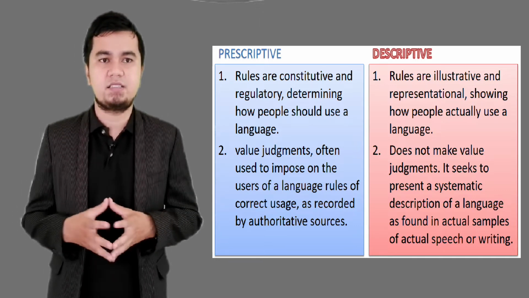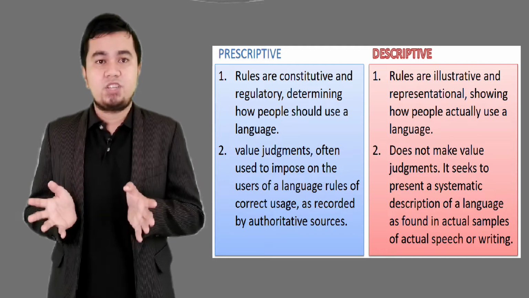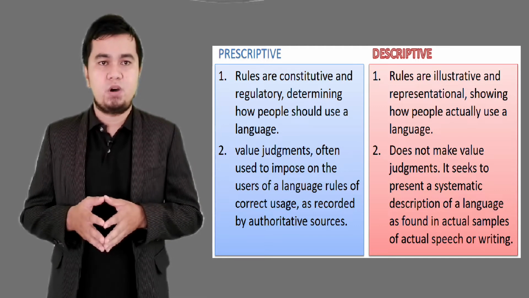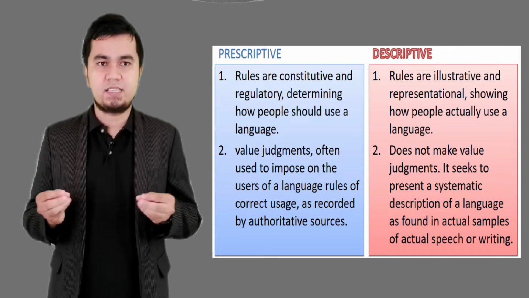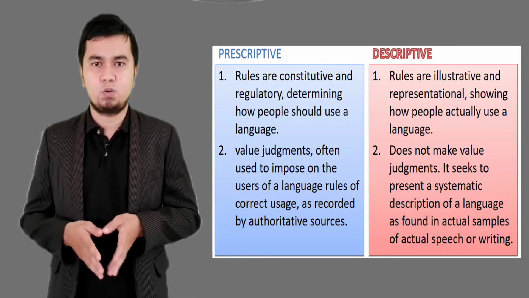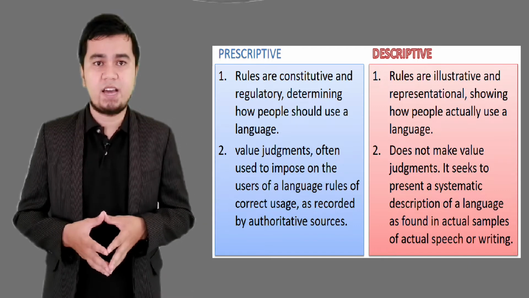The second difference is that in the prescriptive grammar, value judgments are often used to improve users of a language, with rules of correct usage as recorded by the authoritative resources, while the descriptive grammar does not make value judgments.